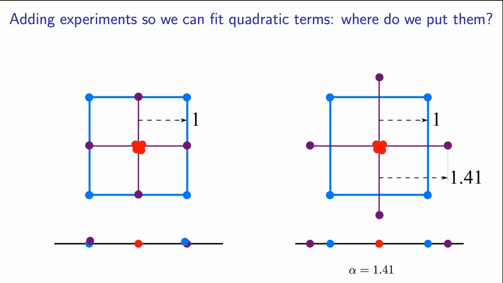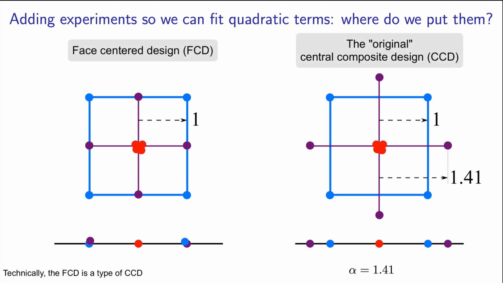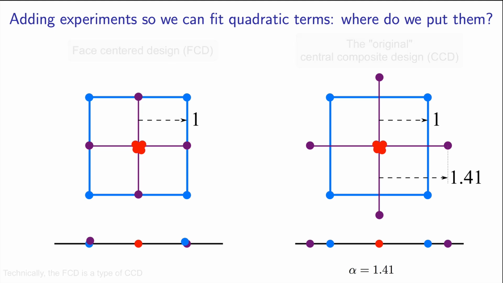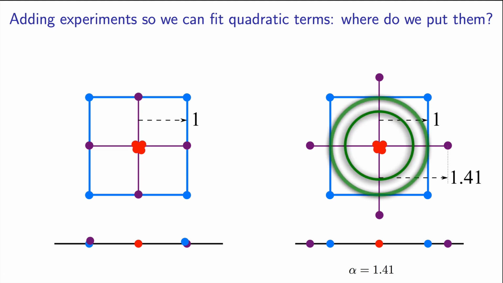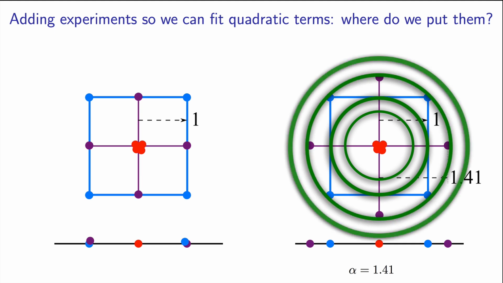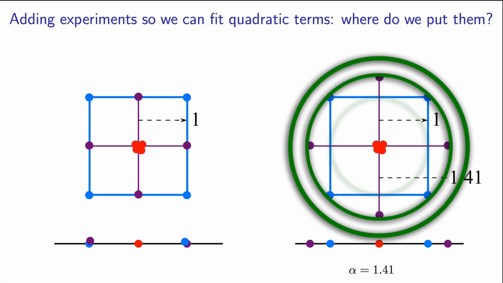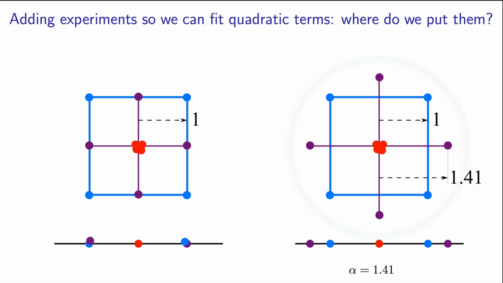The design on the right comes from a class of designs called central composite designs, or CCD, and they're preferred for the statistical reason called rotatability. Just a quick aside, rotatability simply means that the prediction error is equal for any 2 points that are the same distance from the center, and it's a desirable statistical property.